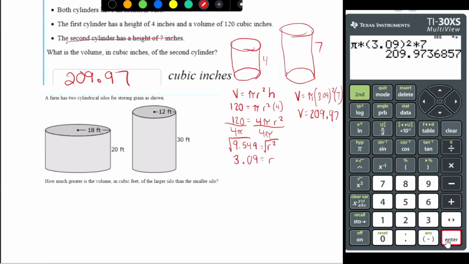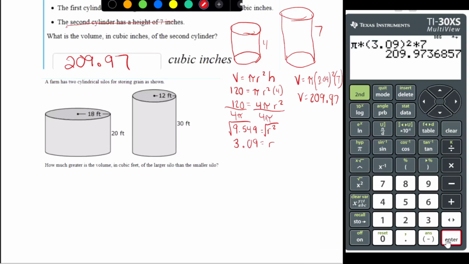All right. A farm has 2 cylindrical silos for storing grain as shown. How much greater is the volume in cubic feet of the larger silo than the smaller silo? So we got to find the volume twice. So the volume of the first silo is pi times 18 squared times 20.